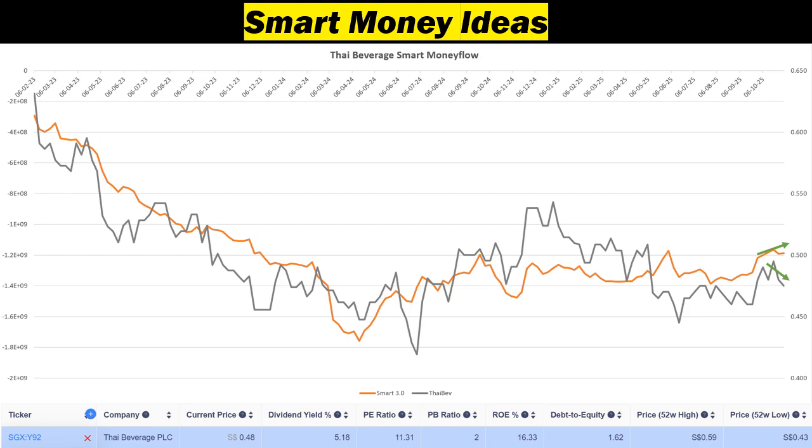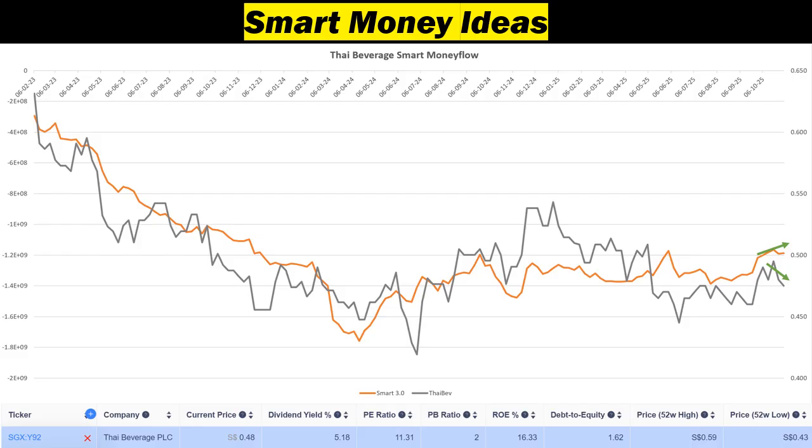This has probably changed slightly since late August or early September, whereby we notice a slight upward movement of the smart money chart, indicating that the smart money may be starting to buy into Thai Bev shares.